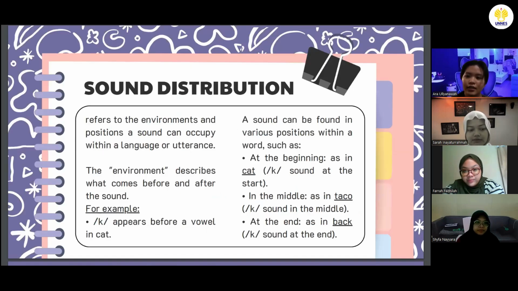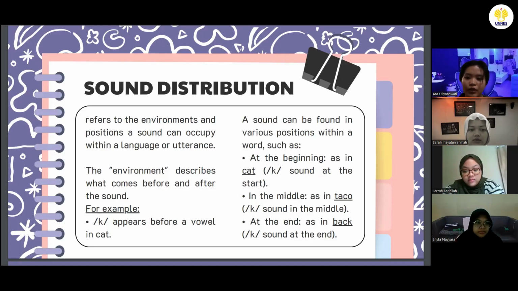Okay, next is sound distribution. What is sound distribution? Sound distribution in phonology refers to the set of environments in which a particular sound can appear in a given language. It also refers to the set of positions a sound can occupy in an utterance. Environment: the environment describes what comes before and after the sound.